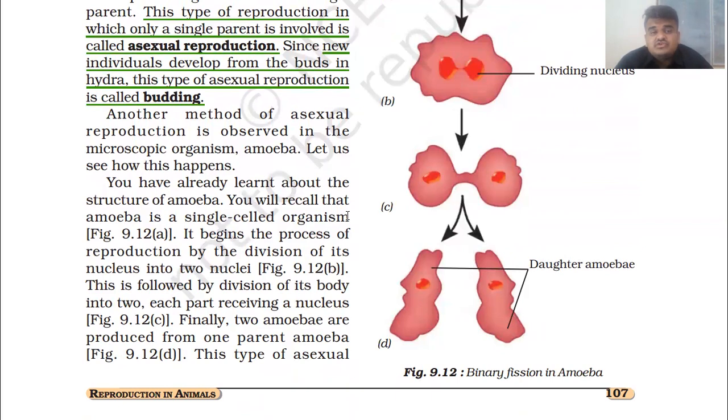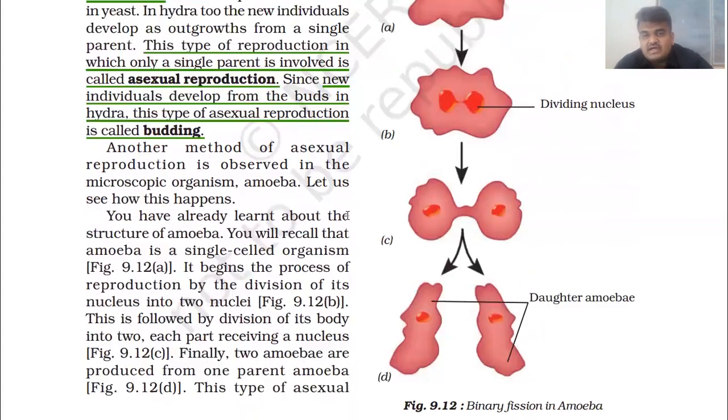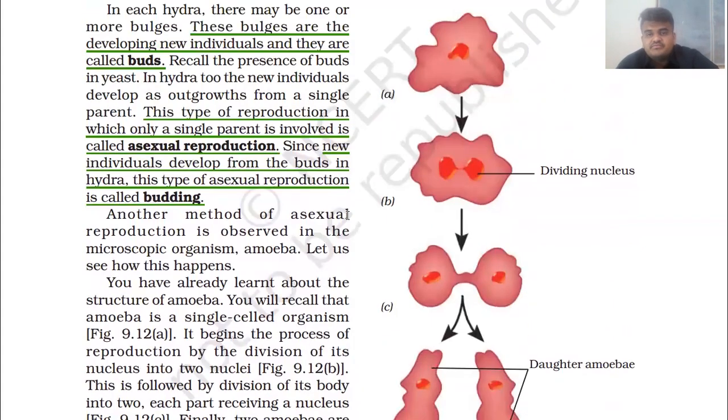Another method of asexual reproduction is observed in the microscopic organism amoeba. See here in figure 9.12 you are given the example of amoeba, which is quite similar to yeast. You already learnt about the structure of amoeba. You will recall that amoeba is a single celled organism.